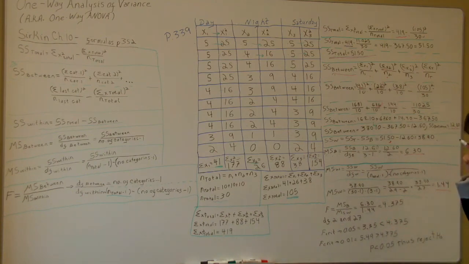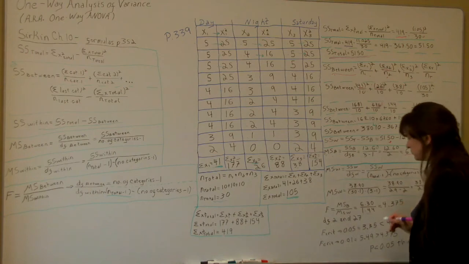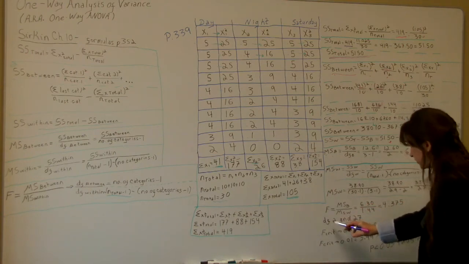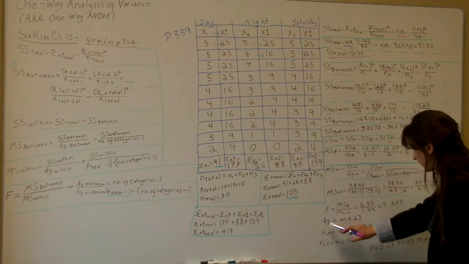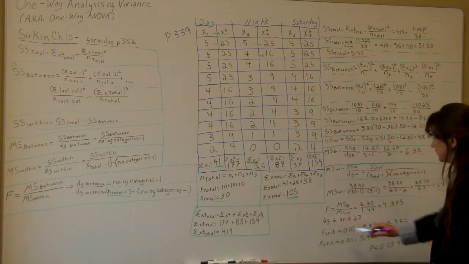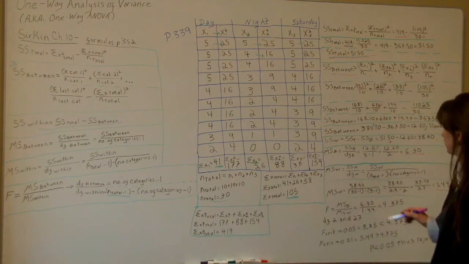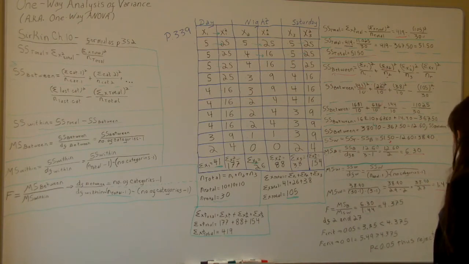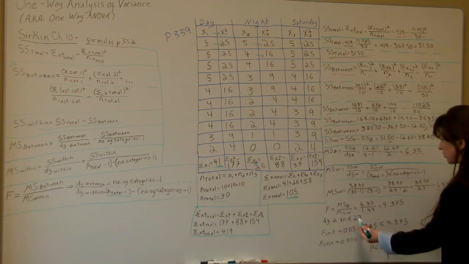Yes, we're almost there. You consult your table. It says right in the textbook there. You look at your degrees of freedom, between and within, which is 2 and 27.